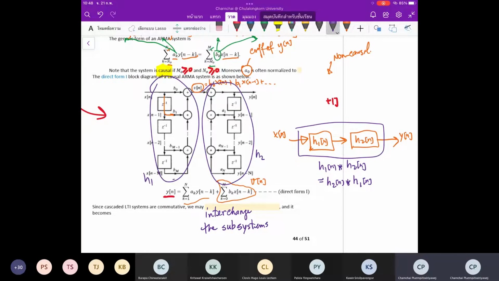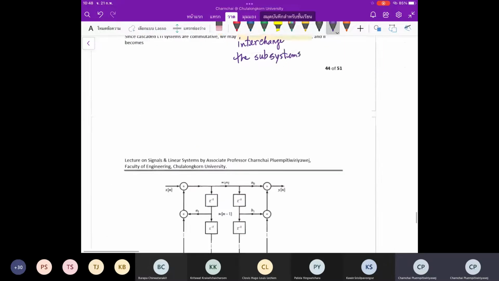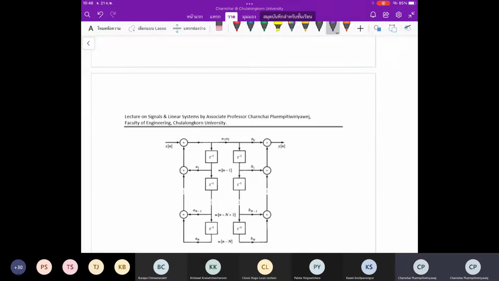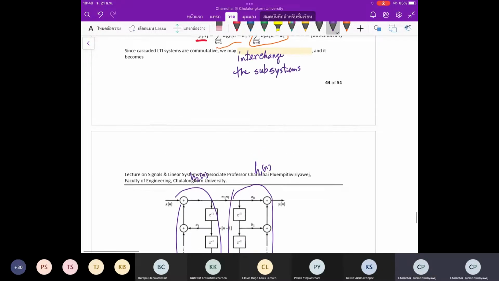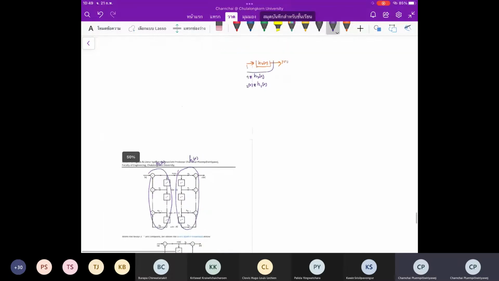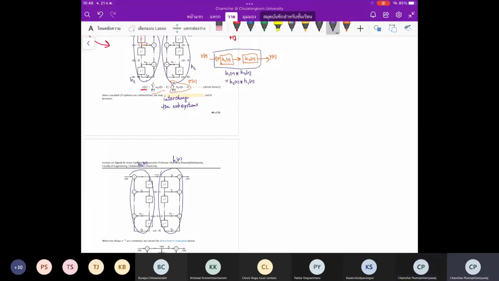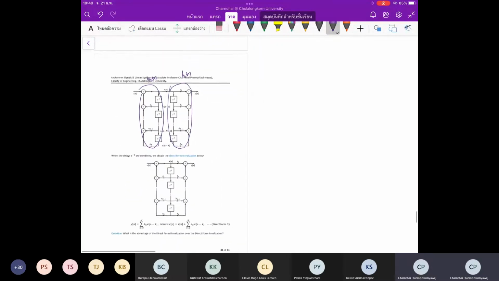I can switch the two, and if I switch the two, this is what I get. This is our H1 and this becomes our H2. You can see the difference. This is another form.